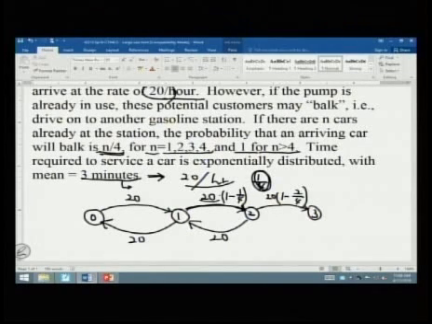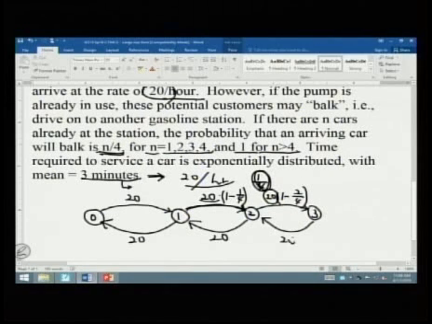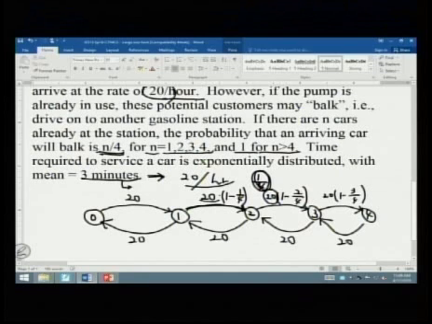Because 50% of these arriving vehicles will leave, so the other half will arrive at the gasoline station. And the service rate is still the same. How about this? 20 times 1 minus 3/4. And the service rate is the same, 20.